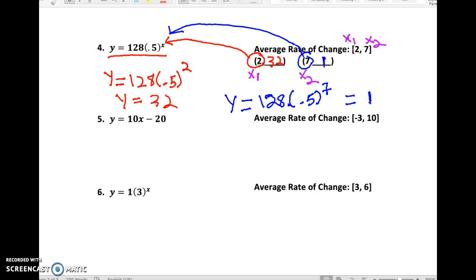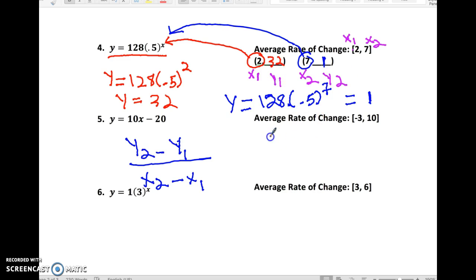So I'm not done. I need to find my rate of change, my average rate change. So I need to use the slope formula of y2 minus y1 over x2 minus x1. So my y2 is 1, and my y1 is 32.